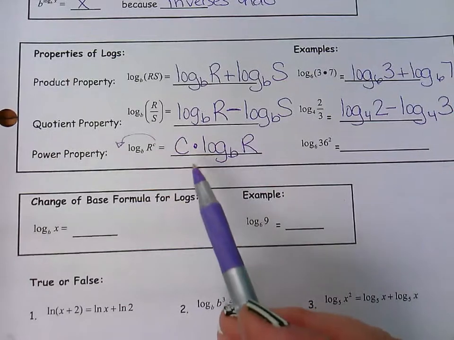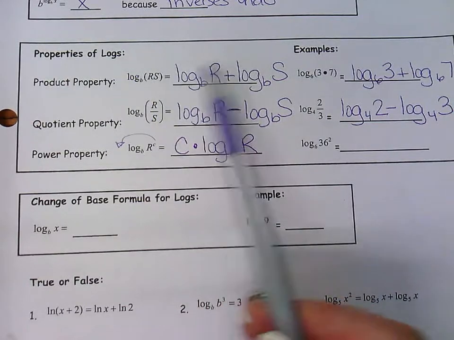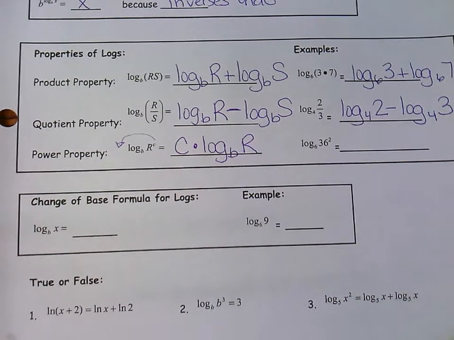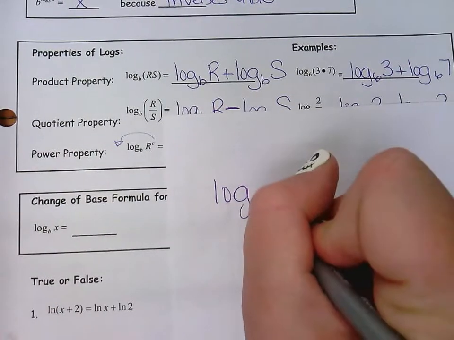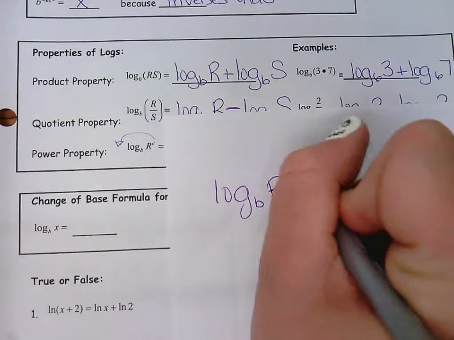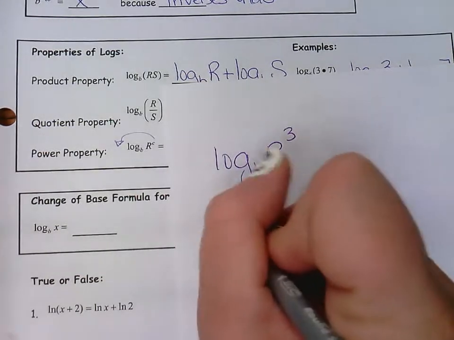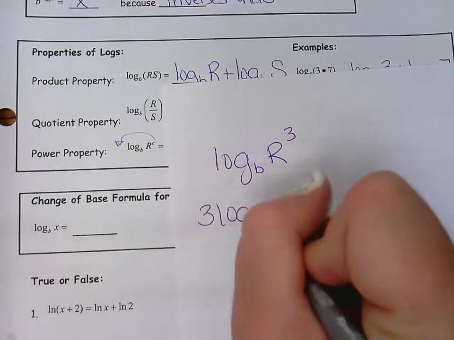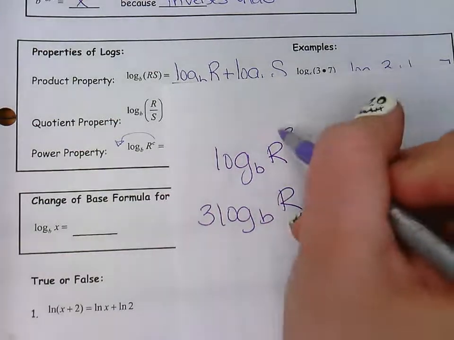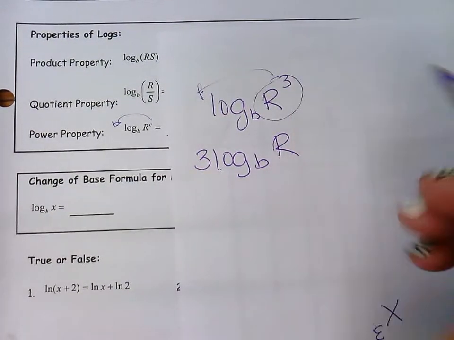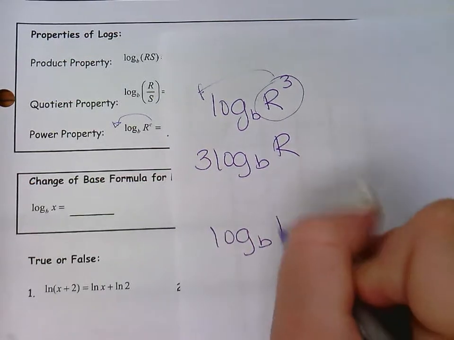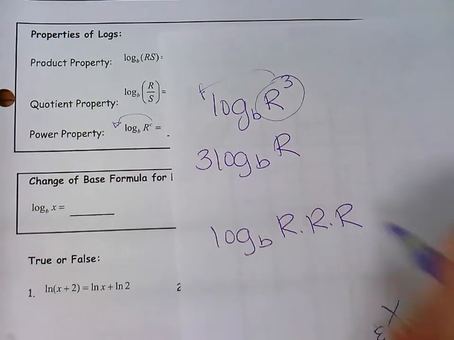And the reason for that is basically this product property up here. So, you don't have to write this down, but if I had the log base b of r cubed, this power property tells me I have 3 of them, because I'm bringing the 3 down front as a coefficient. Isn't r cubed the same as writing r times r times r?